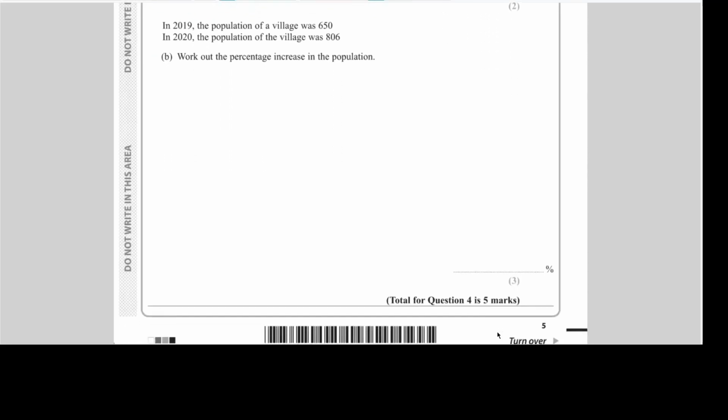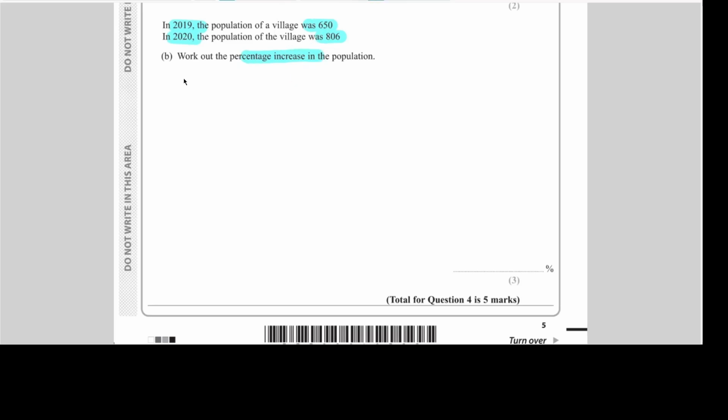Part B. In 2019, the population of the village was 650. In 2020, the population of the village was 806. Work out the percentage increase in the population. So we need to get the percentage increase. How do we get it?